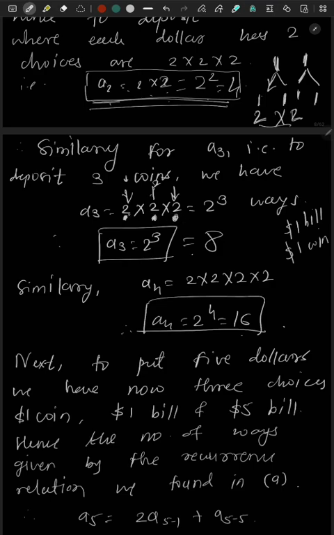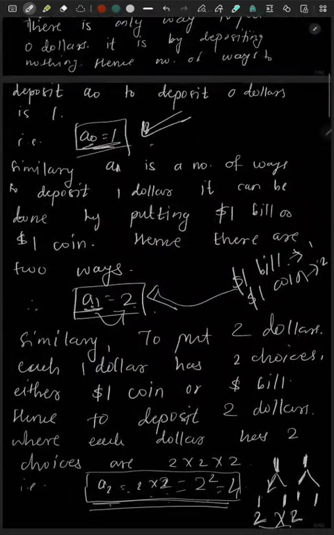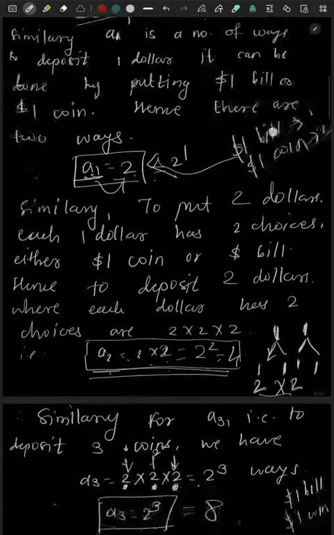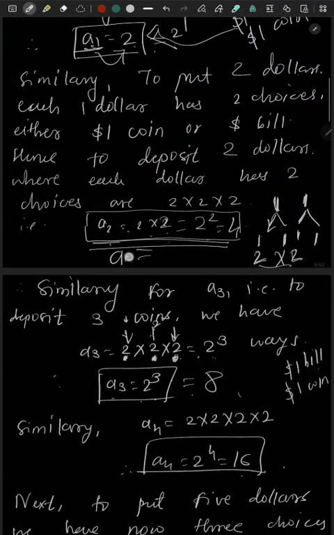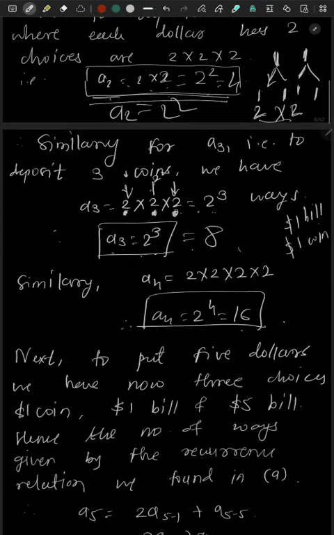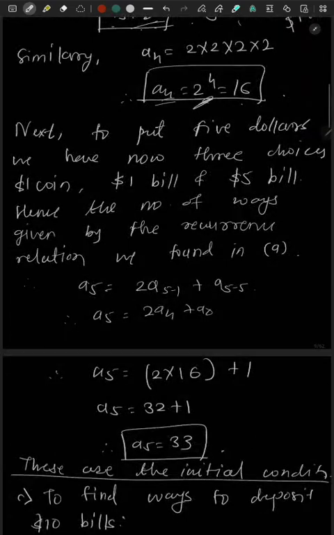Hence the total number of ways is 2 into 2 into 2, which is 2 raised to 3. Hence A3 is equal to 2 raised to 3. Here we can get the pattern that A0 is equal to 2 raised to 0, A1 is 2 raised to 1, A2 is 2 raised to 2, A3 is 2 raised to 3, and A4 is 2 raised to 4.